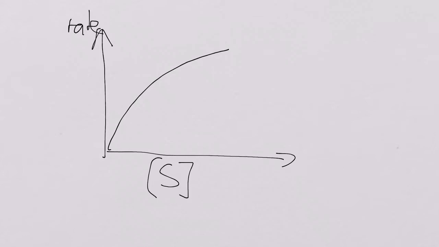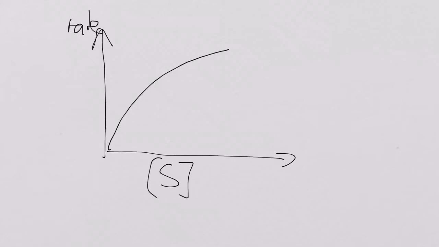And from this plot, you're trying to get a Vmax. You've heard about Vmax. You need the Vmax to get Km, because Km is defined as the substrate concentration where you have half of the maximum velocity.